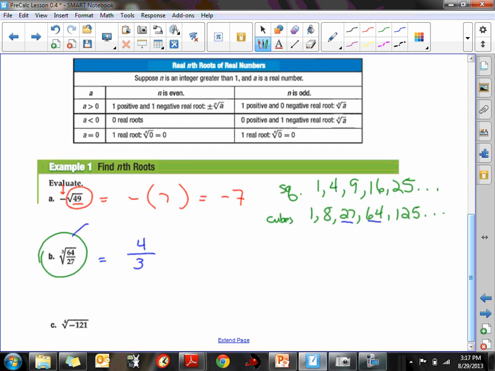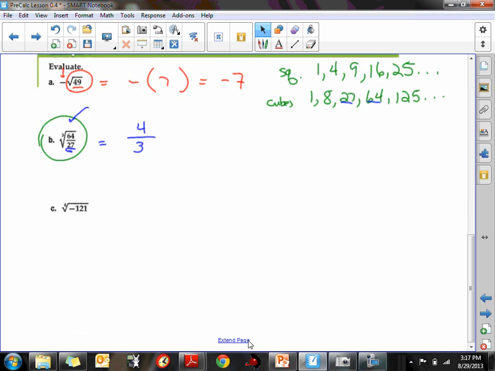With odd roots, you don't have to worry because the answer has the same sign as the number under your radical. And then the final example that I have there is what is the 4th root of negative 121. This isn't a trick question, it's just supposed to make sure that you're dealing with the real number system only.